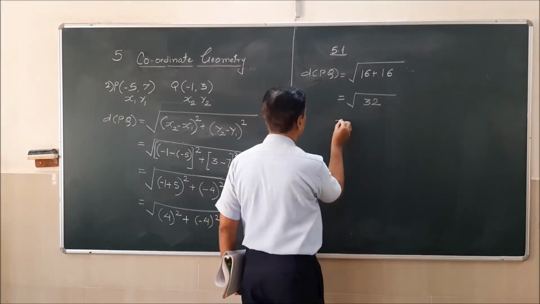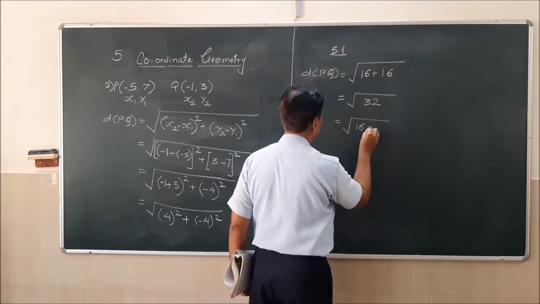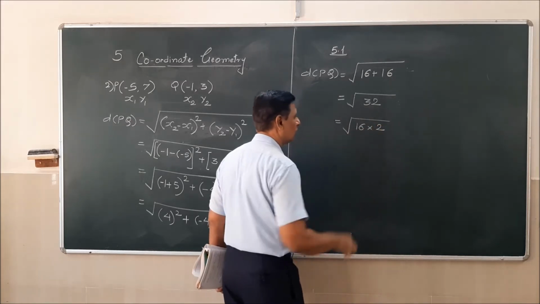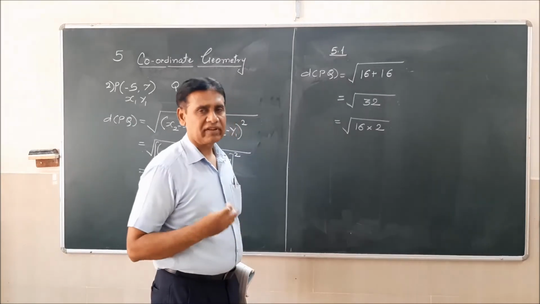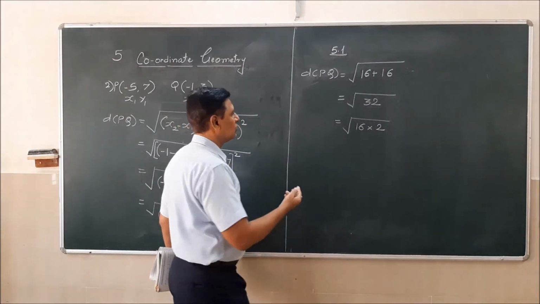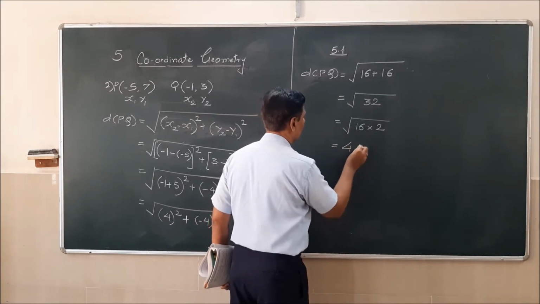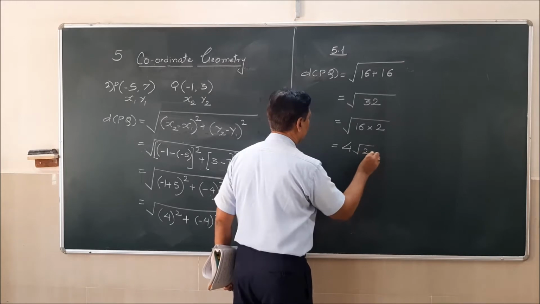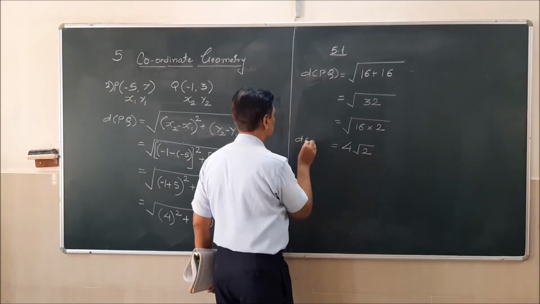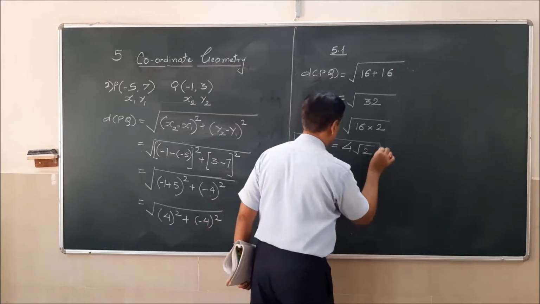So my next step will be 16 into 2. Since you all know 16 is a perfect square, it is a perfect square of 4. So square root of 16 is 4. So the final answer will be 4 root 2. So distance PQ is equal to 4 root 2.